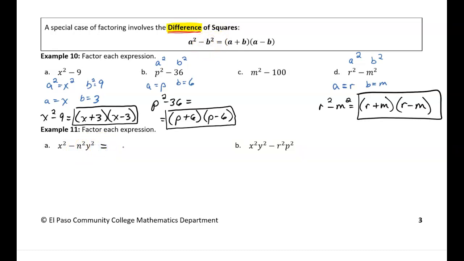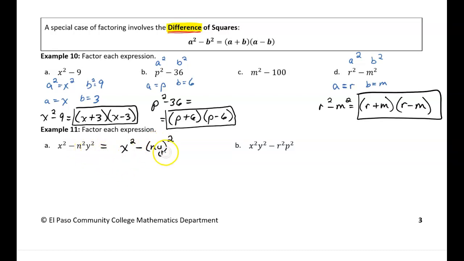Well, by the rules of my exponents, if I needed to, I could rewrite this n squared y squared as n times y, squared. I can rewrite it in that way so that it matches the rule a little bit better. And in fact, if that's my b squared term, I can even see what the b value will be here.